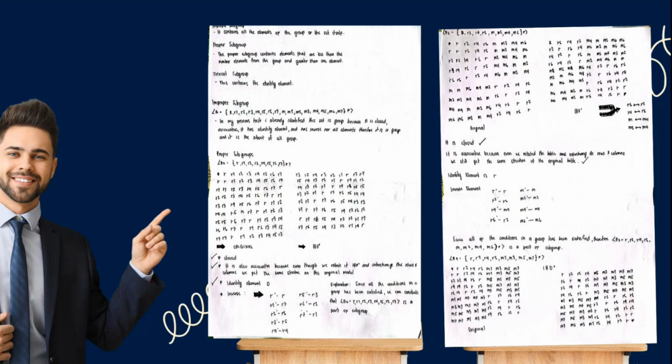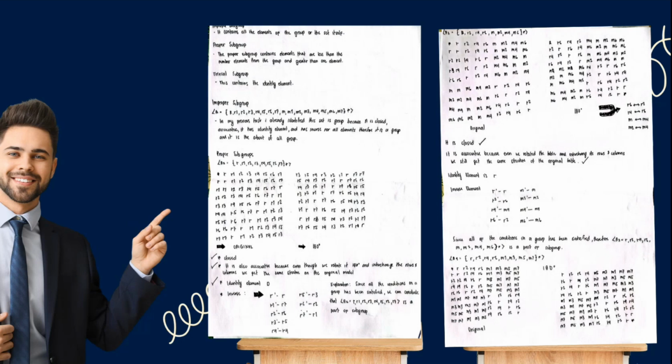It has the identity element R, and its inverses: the inverse of R is R, the inverse of R2 is R6, the inverse of R4 is R4, the inverse of R6 is R2, and for M2, M4, and M6, each inverse is itself. Since all the conditions of a group have been satisfied, A3 is a subgroup.